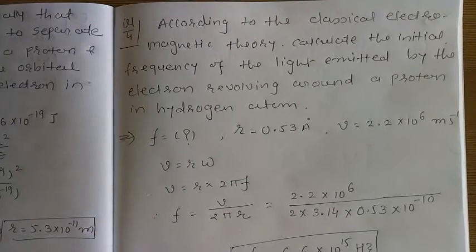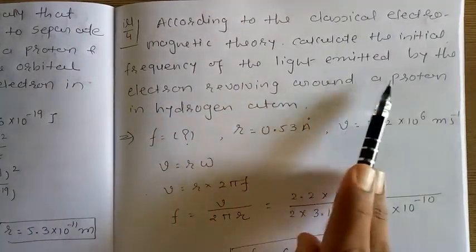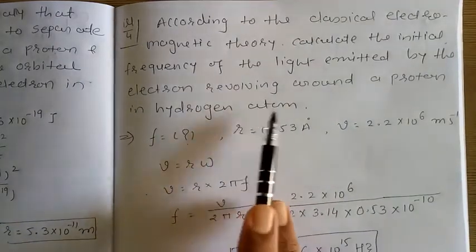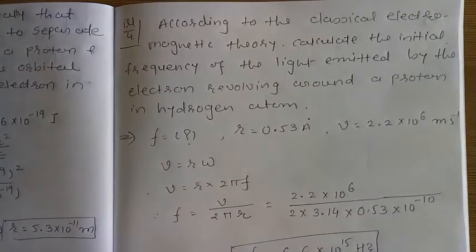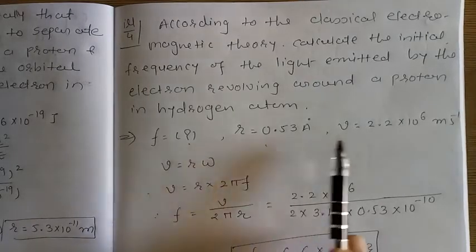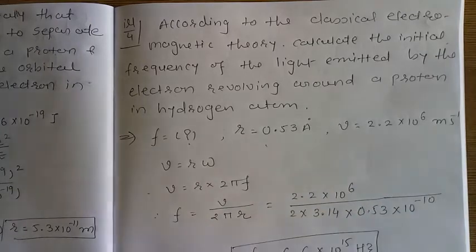So here in this sum we have to find out the frequency of light emitted by the electron revolving around a proton in hydrogen atom. We know the value of radius in hydrogen atom, 0.53 angstrom. Velocity is 2.2 into 10 raised to 6 meter per second. We have to find out frequency f. We know that V is equal to R omega, where omega is equal to 2 pi f.